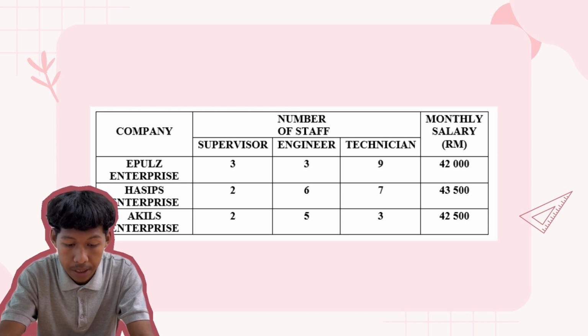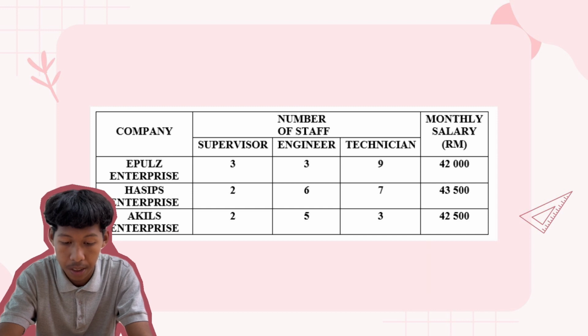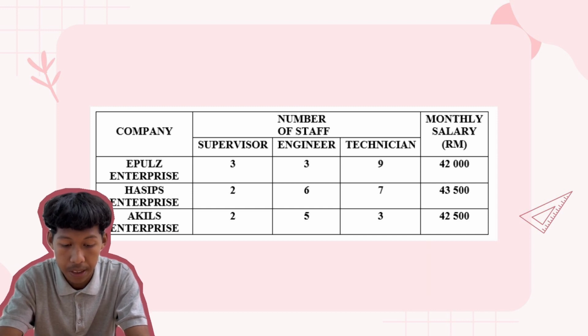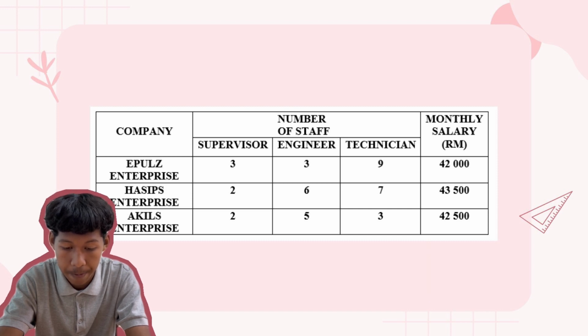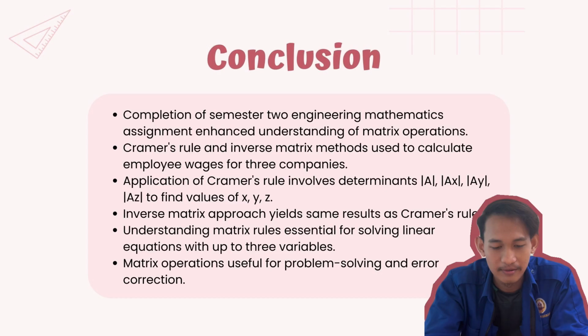Next is the Hasib's Enterprise, which we have 2 supervisor, 6 engineer, and 7 technician, which the total monthly salary for all the staff is 43,500. Finally is the Akil's Enterprise, which we have 2 supervisor, 5 engineer, and 3 technician, which the total monthly salary for all the staff is 42,500.